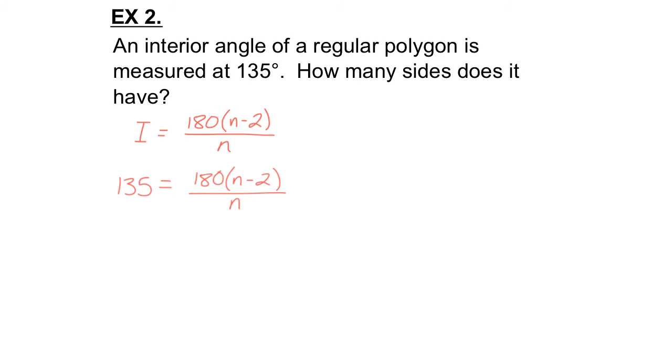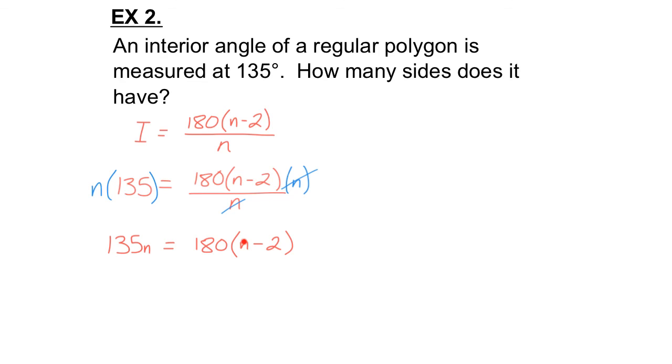Now I have an equation that I can solve. So I need to use my algebra here to figure out what n is. If you have a fraction, get rid of the fraction by multiplying both sides by the denominator. So multiply both sides by n. Those cancel out. So now I'm left with an equation with no fraction. When you have brackets, you need to get rid of the brackets by expanding. Use your distributive property.